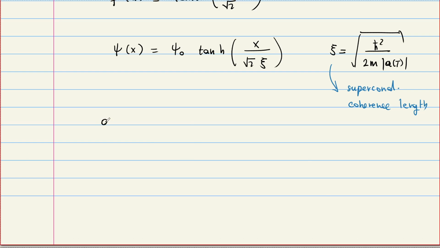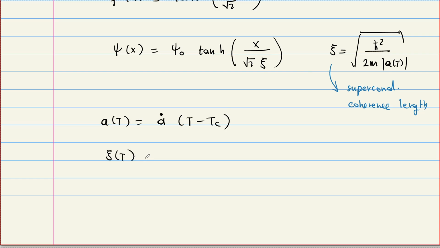So we said A of t was equal to A dot times (t minus tc). Therefore, this psi is t dependent.